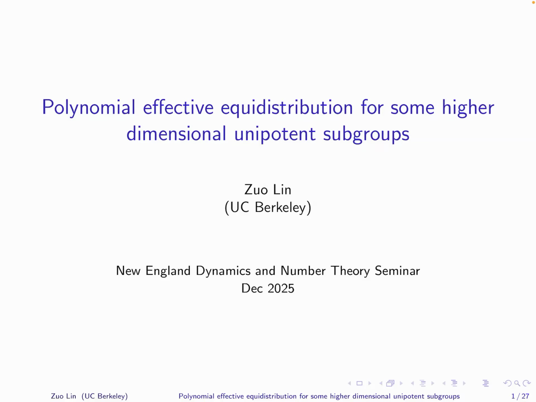So my title for today's talk is Polynomial Effective Equidistribution for some higher dimensional unipotent subgroups. Since I'm going to talk about some equidistribution results for unipotent subgroups, let me start the introduction with a special case of Ratner's celebrated theorem.